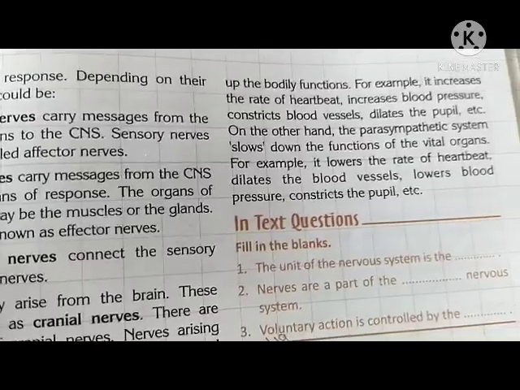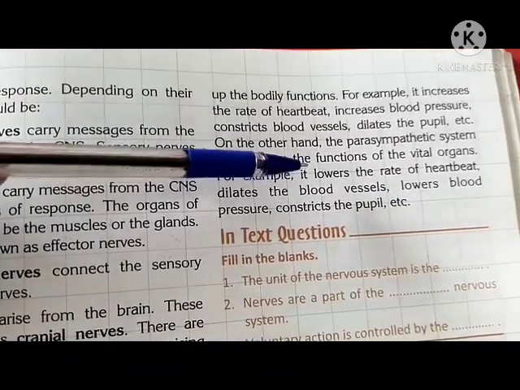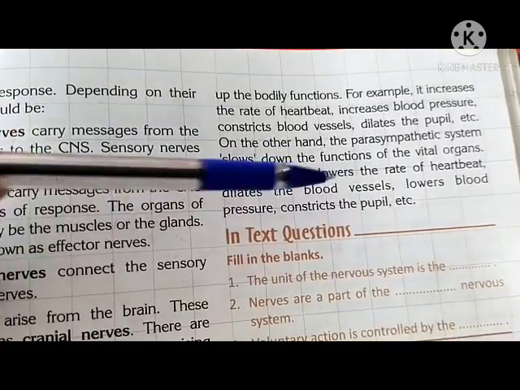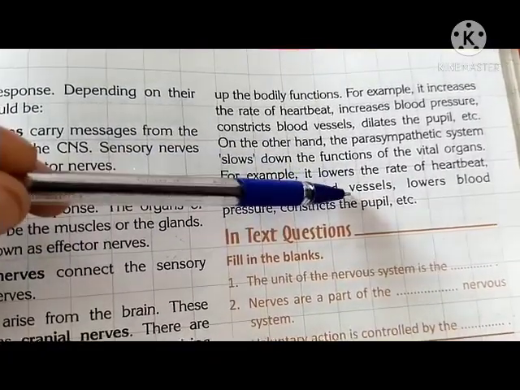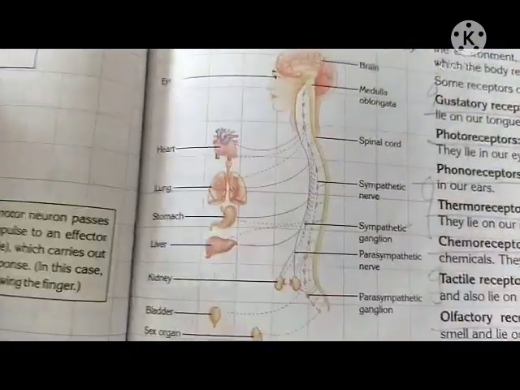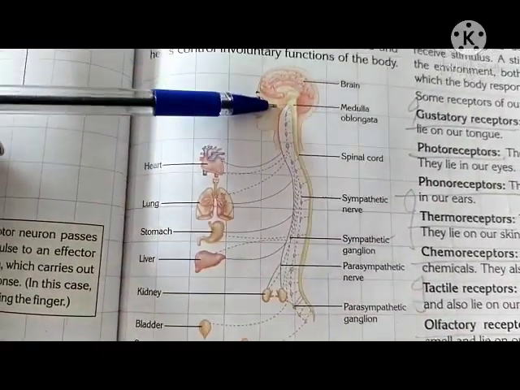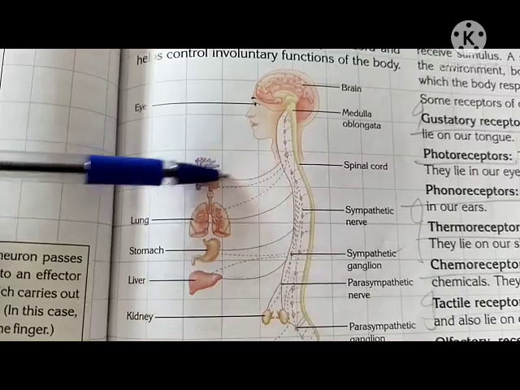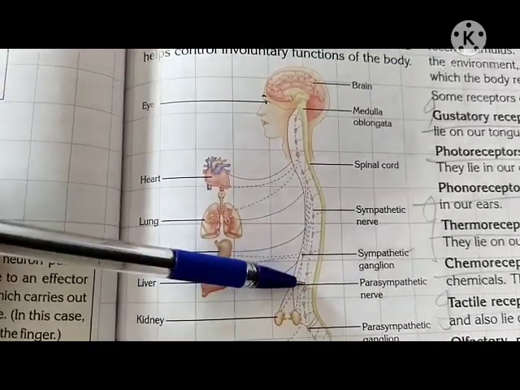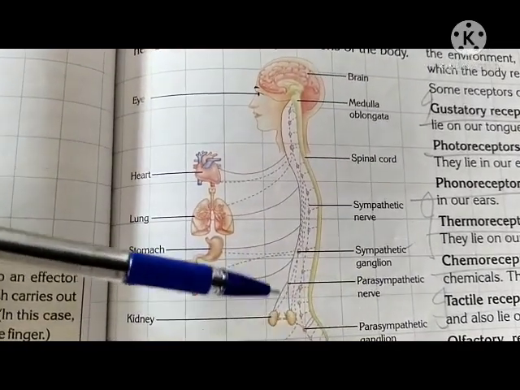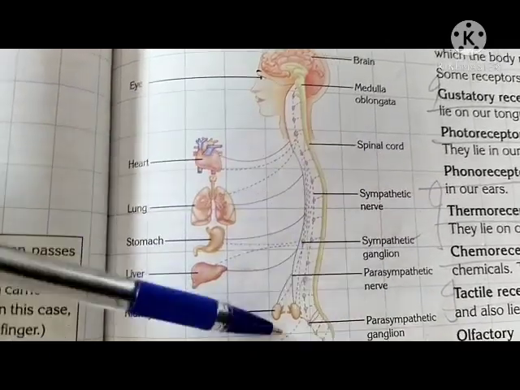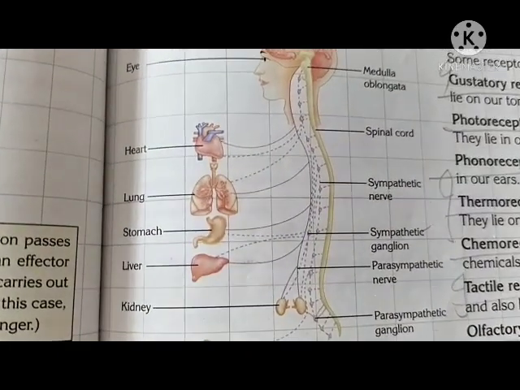For example, here you can see it lowers the rate of heartbeat, dilates the blood vessels, lowers blood pressure, constricts the pupil. With the help of this diagram you can see that in the spinal cord, all the organs are connected with the nerves, but the function of their contraction, relaxation and involuntary function is governed by the autonomic nervous system.